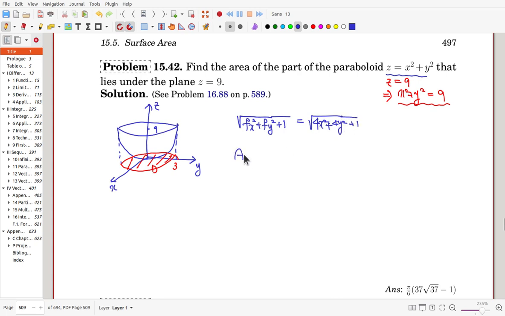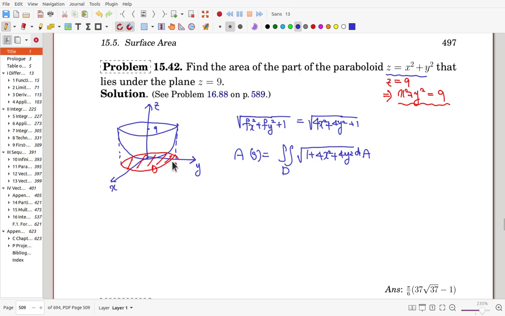So here the area of the surface must be the integral over D, and that is a scaling factor. Let's write down 1 plus 4x squared plus 4y squared and dA, right? Now to get the integral, because D is a polar region, we may use polar coordinates.